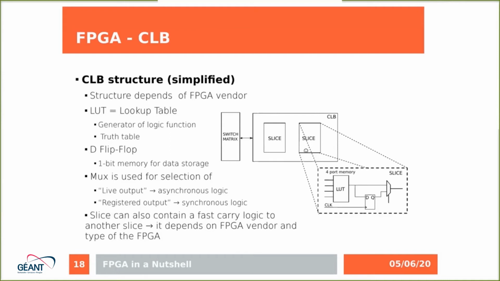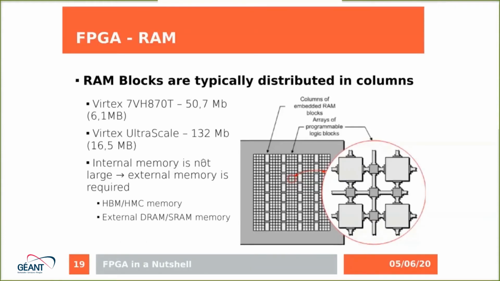FPGA also contains RAM blocks, which are typically distributed in columns, as you can see here in the figure. I've also looked into the documentation to demonstrate that the memory on the FPGA is not so big.